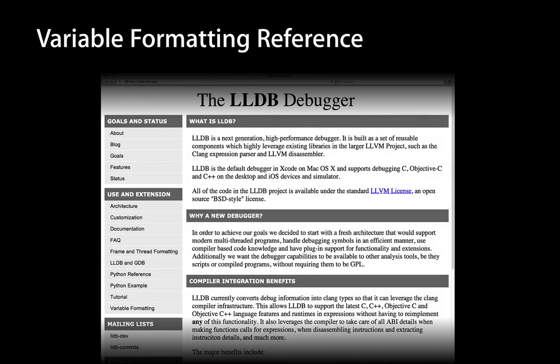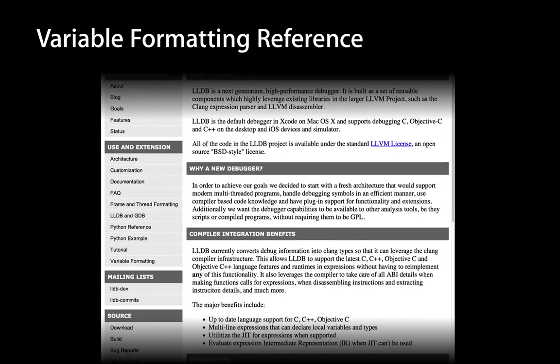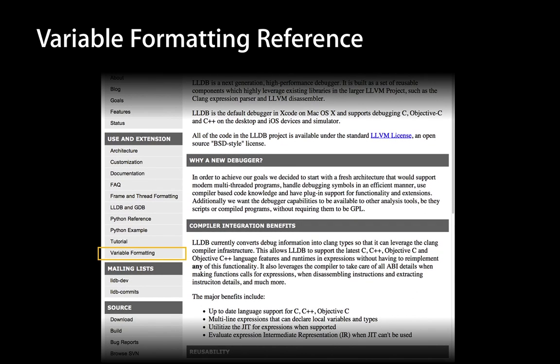So we've got a page up on the website, again, that talks about variable formatting down on the left. There's a whole bunch of stuff that we haven't gotten to today, just didn't have time. We've got ways for you to run Python functions that can actually create a new summary string for you. So you can use flow control to discover what kind of type you might want to show.